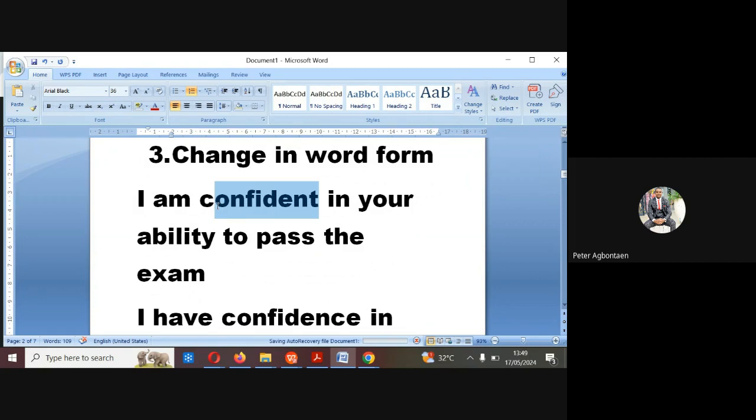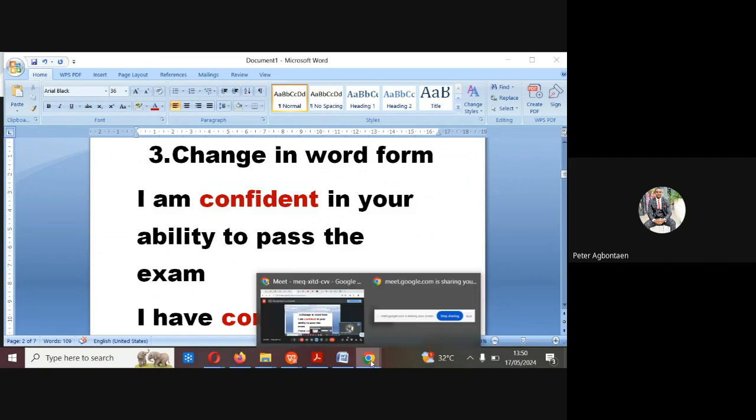Confident is an adjective. But when you say I have confidence, confidence is a noun. But they are different forms of the same word. That would mean that if I use confidence in the place of confident, I will have used a different form of the same word. So this is a change in word form. And that's also something that you do when you want to paraphrase.